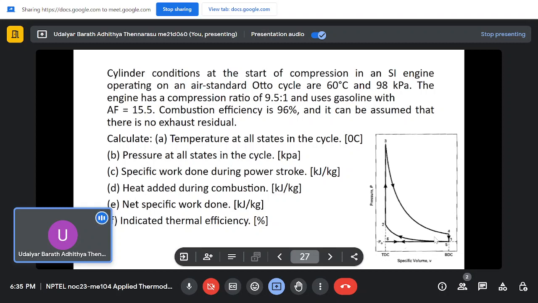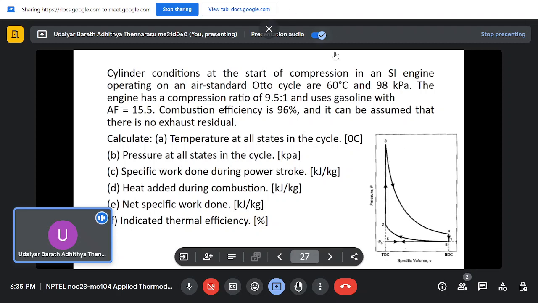Then the net specific work done, so total work, and then the indicated thermal efficiency. From the cycle we'll get only the indicated power, because we don't know the frictional power. That's why this is called an indicator diagram in the PV. So we get an indicated efficiency. I can calculate it from the total power which we get, which will be equal to indicated power.